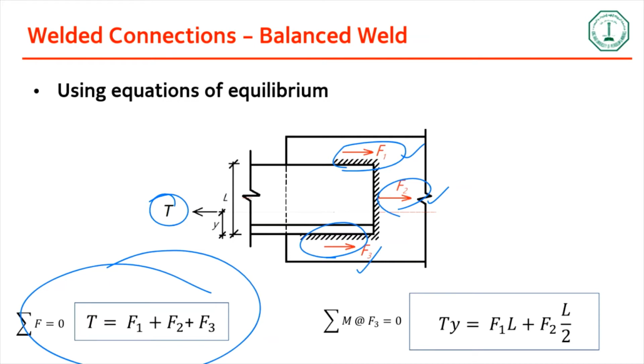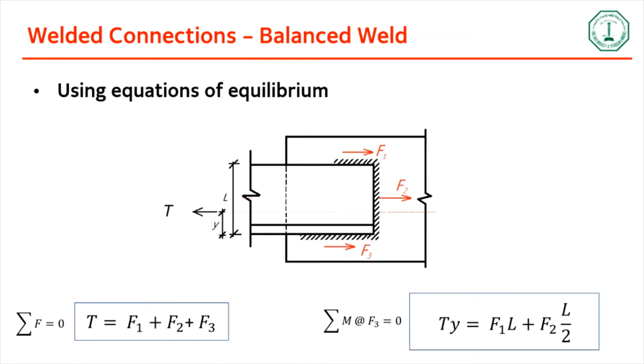Now, if you take a moment about F3, on the left hand side you have the moment acting because of the tension, which is T times y. You see that it's acting at a distance of y, so you have a moment here. And on the right hand side, you have F2, which is acting at half the length, which means half the leg size, while F1 acts at the whole length.